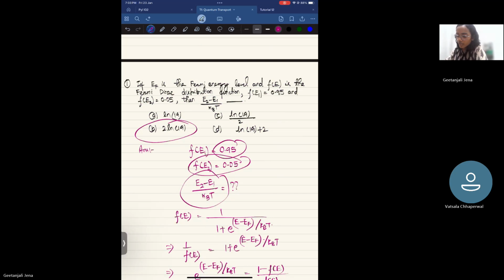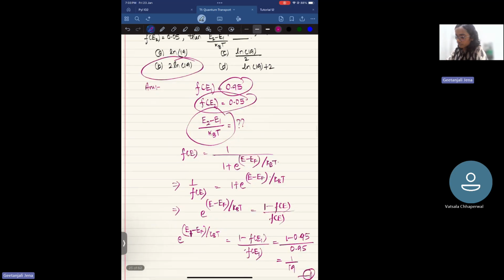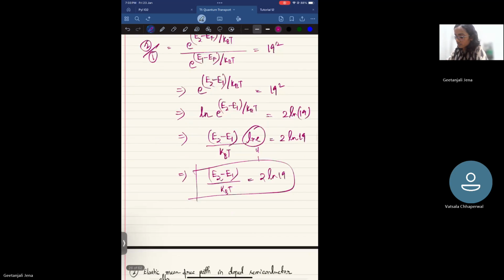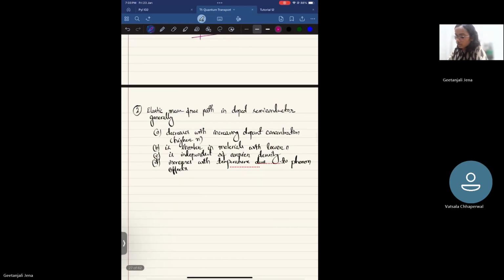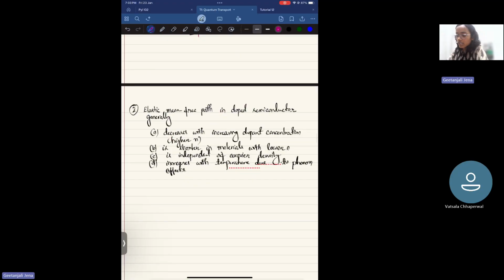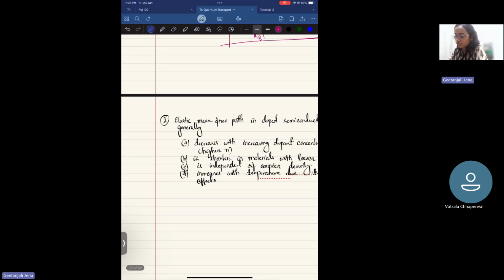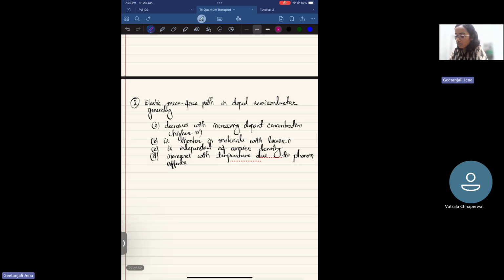Okay, now let us go to our second question. It's a bit conceptual. The question is: the elastic mean free path in a doped semiconductor generally decreases with increasing dopant concentration, or it is shorter in materials with lower N, or it is independent of carrier density, or it increases with temperature due to phonon effects.